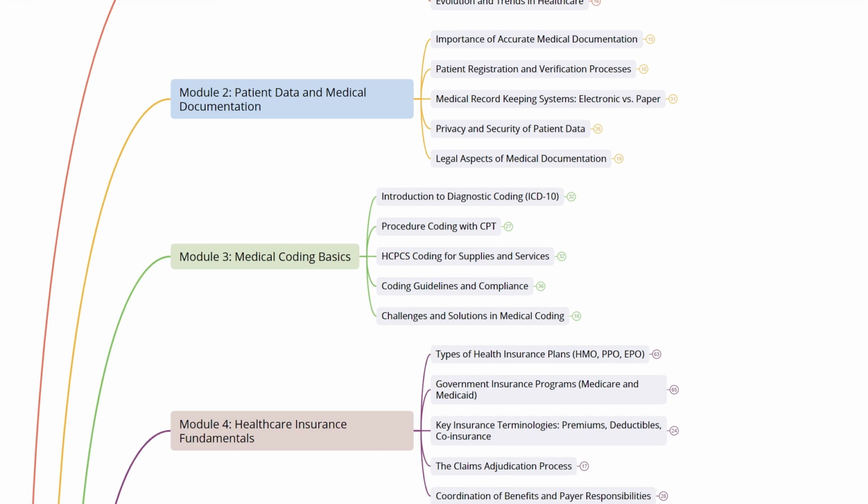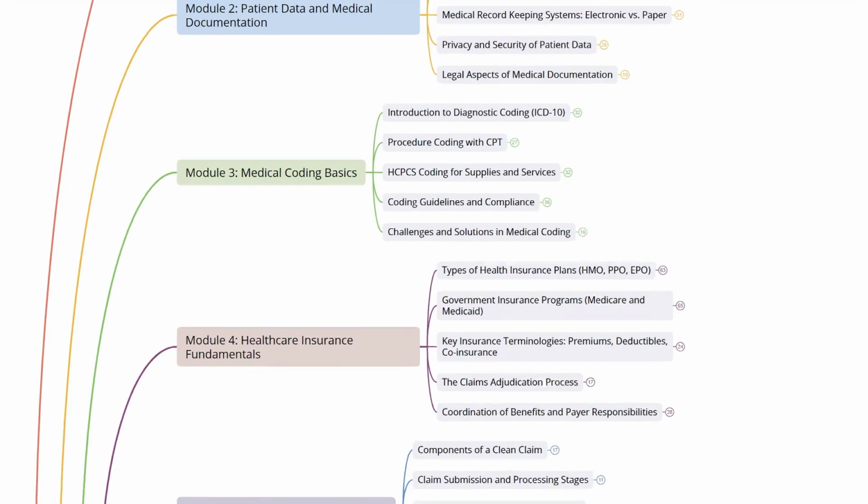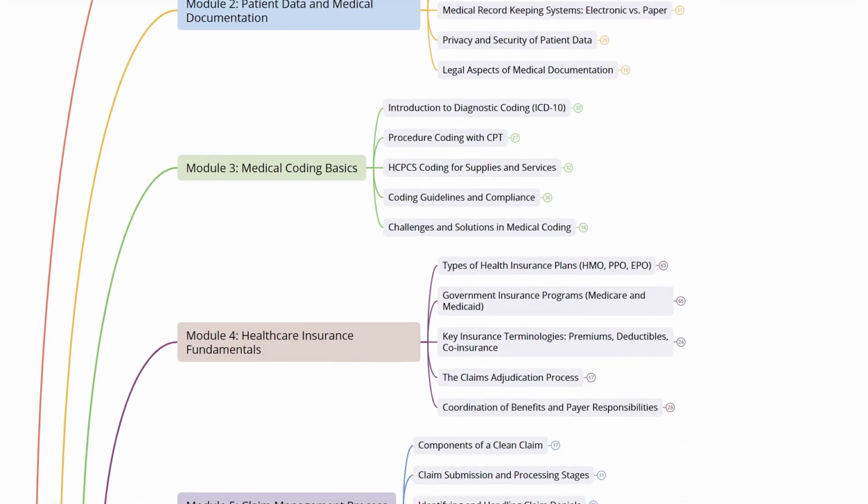Likewise, understanding healthcare insurance fundamentals is crucial because most healthcare services are paid for through a patchwork of private and public plans. Navigating these systems effectively and efficiently aids in reducing claim denials, accelerating reimbursements, and improving patient satisfaction.